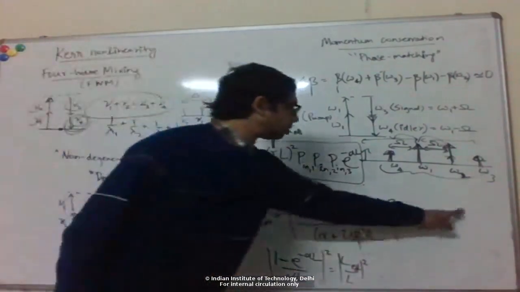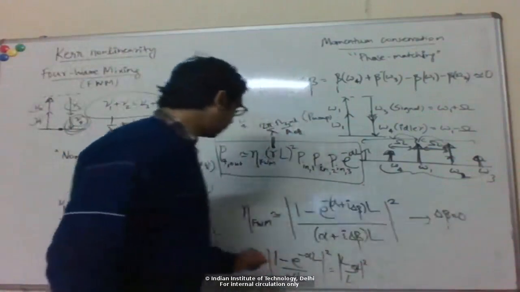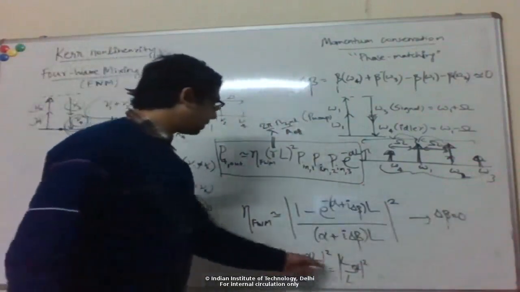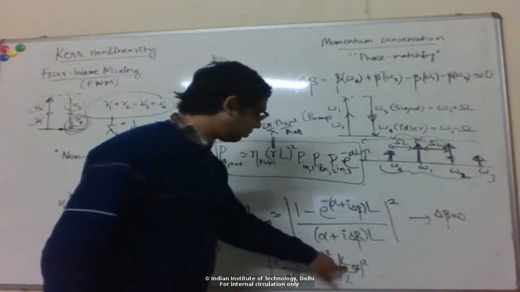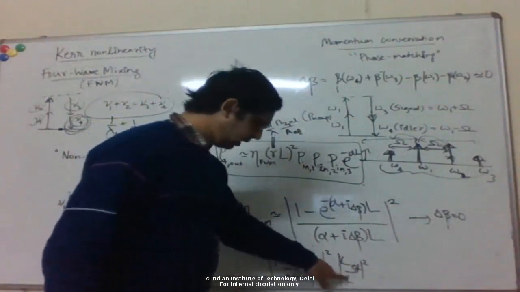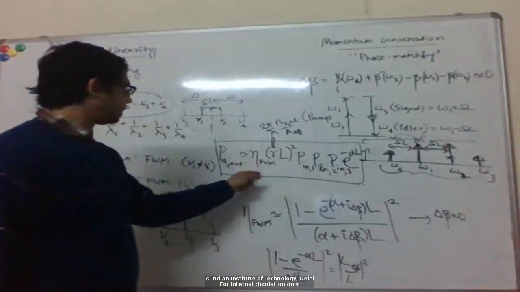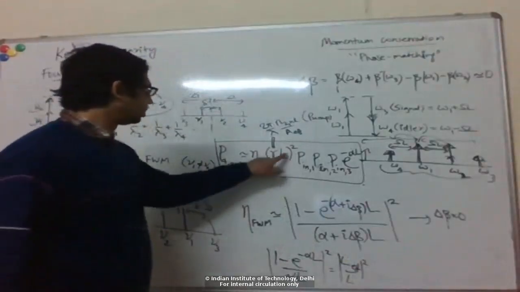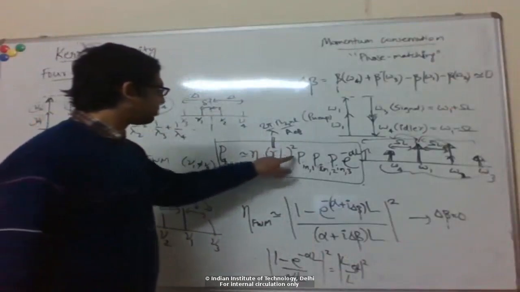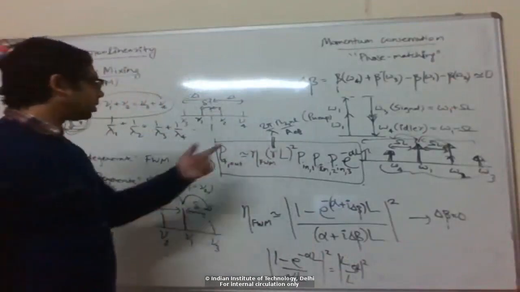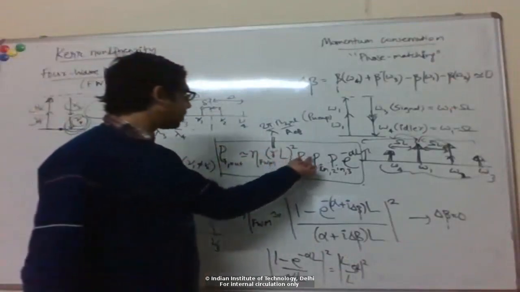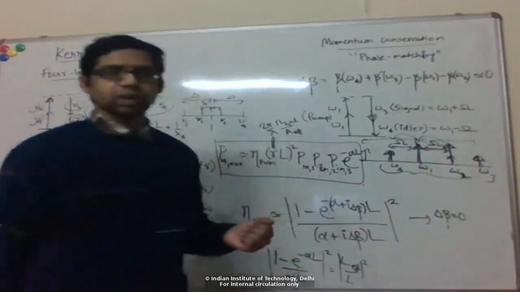So for perfect phase matching, this efficiency factor is just the effective nonlinear length divided by the total fiber length. If you put this eta here, the L squares will cancel, and I'll just get L effective squared. Again I get something like gamma times power times L effective raised to some power.